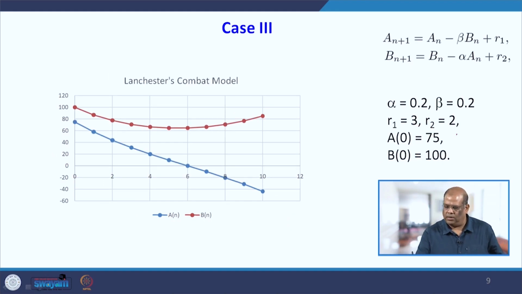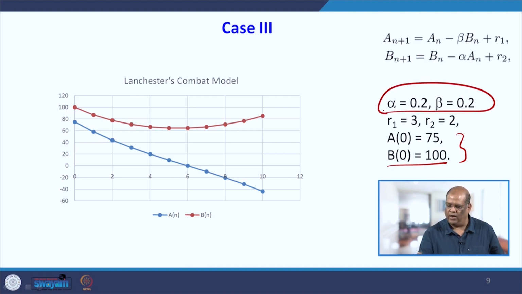We have kept the same initial condition, that is team A has 75, team B is 100, but their fighting effectiveness is same. However, team A has more reinforcement than team B. So, what happens in this case?